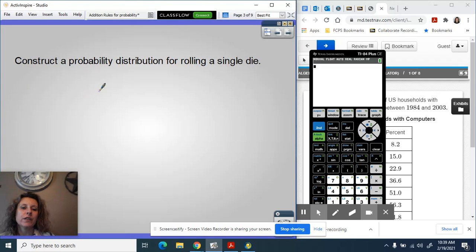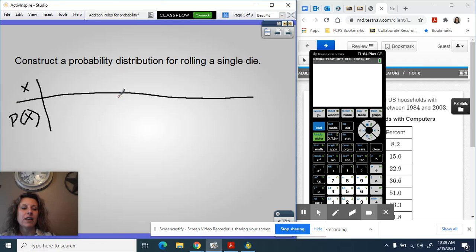Taking a look at our first example, we're going to construct a probability distribution for just rolling a single die. So we're going to think about the outcomes when we roll a single die, and we're also going to think about the probability of getting those outcomes. So if we think about rolling a die, we could roll a 1, 2, 3, 4, 5, or 6.